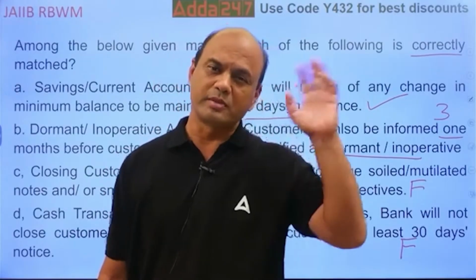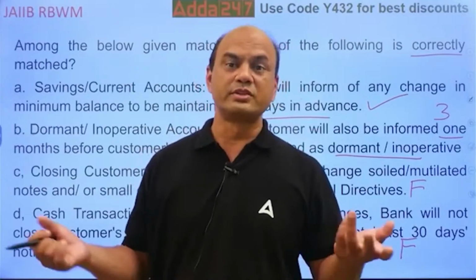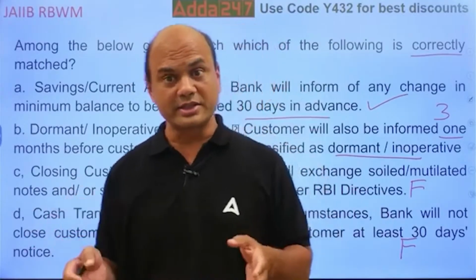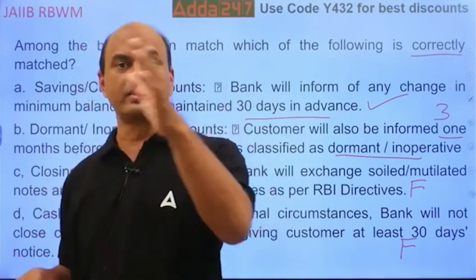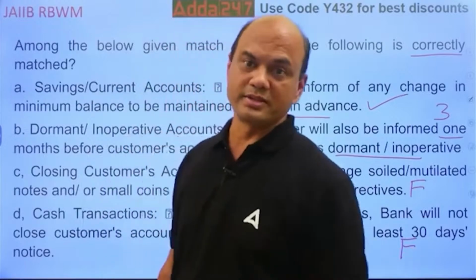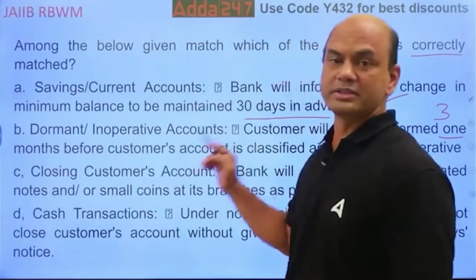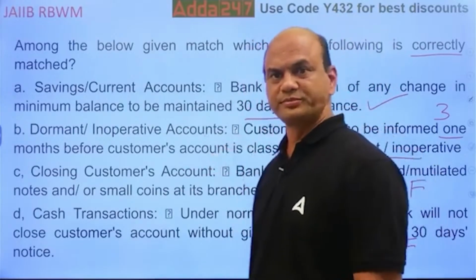But think of some northeast region branch where there is no electricity. There are certain villages on the foothills, mountains. All these odds are to be considered. So that's why the dormant account period is 3 months. Got it?